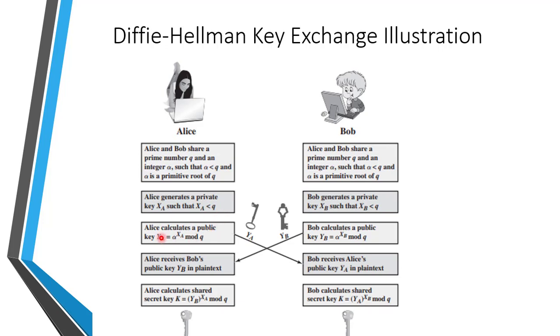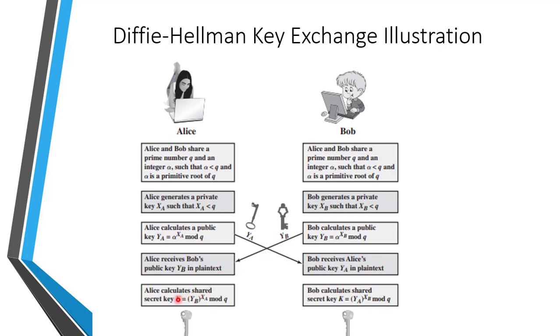Next, Alice calculates a public key ya equal to alpha raised to xa mod q, and Bob calculates a public key yb equal to alpha raised to xb mod q. So in this way, the public key is calculated using the private key on both sides, and after that ya is given to Bob and yb is given to Alice.